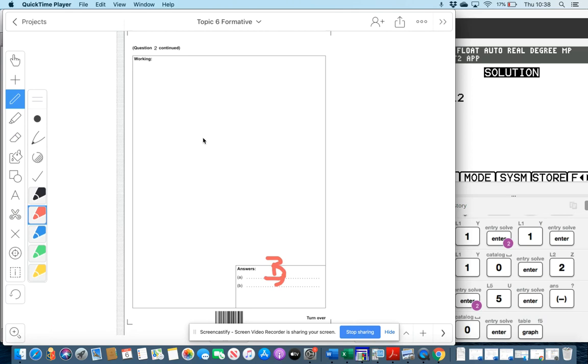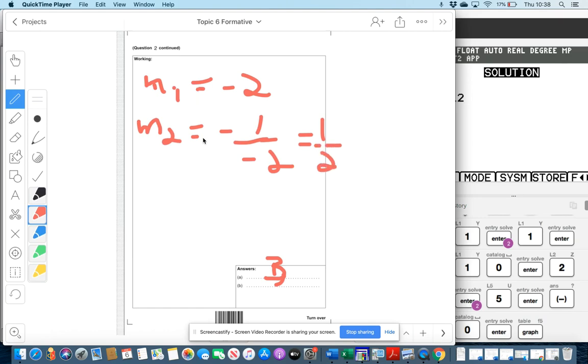So again, that's in the reciprocal function itself. And then m1 is equal to negative 2. And then for the perpendicular line, m2 is equal to negative 1 over negative 2, that's equal to 1/2. Okay, so now I got to put that into some version of a straight line.